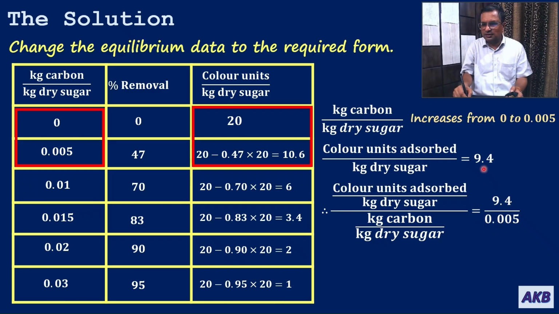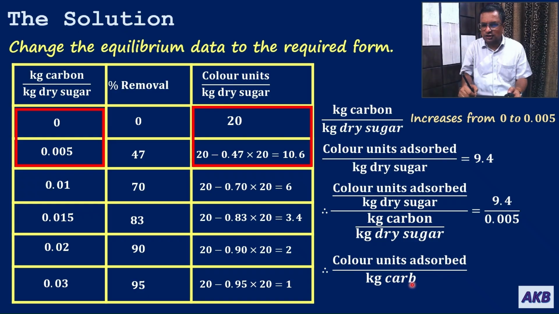These are the color units that are adsorbed on 0.05 kg carbon per kg dry sugar. So color units adsorbed per kg carbon will be 1880, and that is nothing but capital X.